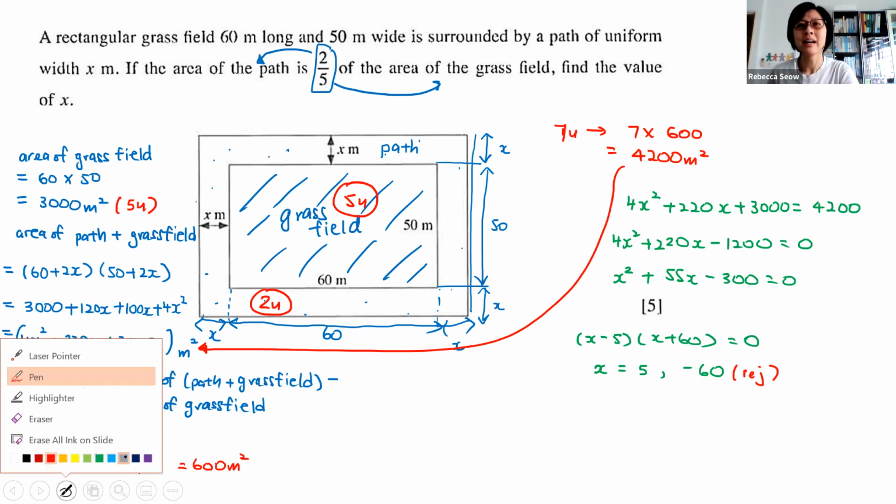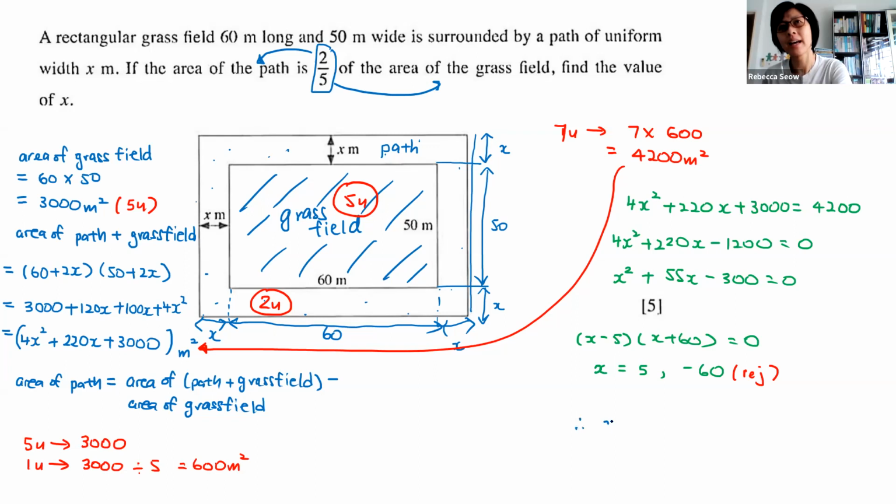So finally, our answer, x equals to 5. Is there a need to put your units down? No, because here we are looking at the x without the meters. The unit of meter is written next to x, so it's already provided for. Hence, x is only a number.